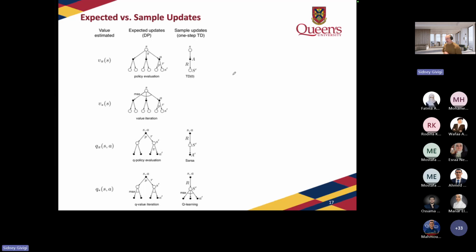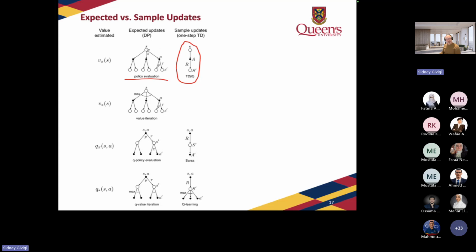This is something that I mentioned last time, that there are different ways for us to do these updates, right? We can do these updates by sampling, and this is the way here, right? So we create these trials or these trails. And the other way is for us to do these expected updates.